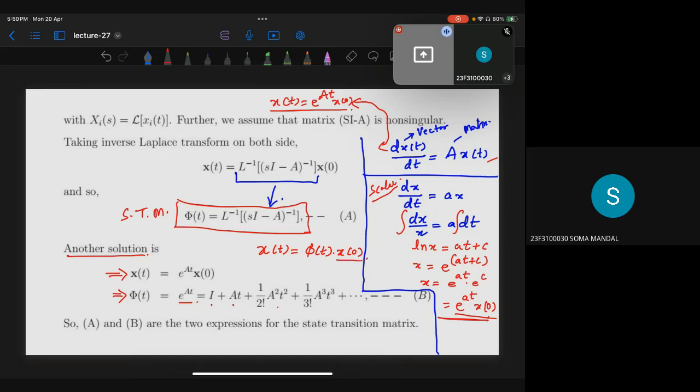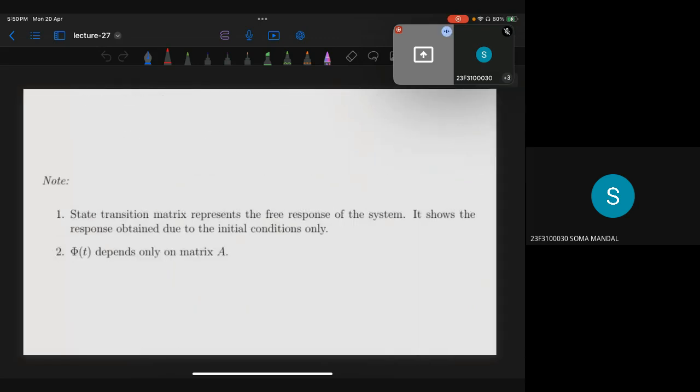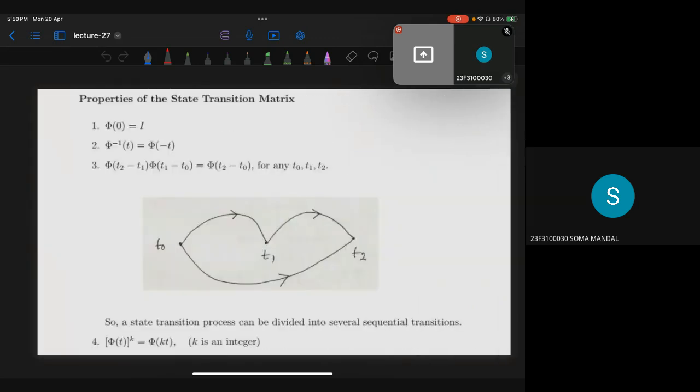If you multiply that initial state with the state transition matrix, you will get your next state. Yes or no? Yes, sir. So basically phi of t takes your state from x of 0 to the next state at t. That's the meaning.